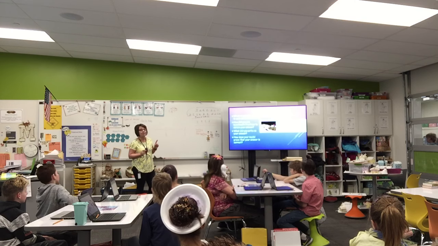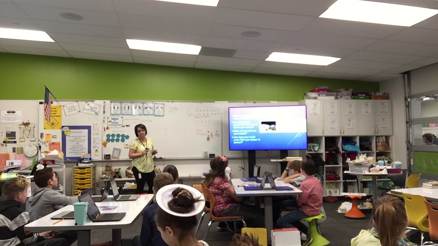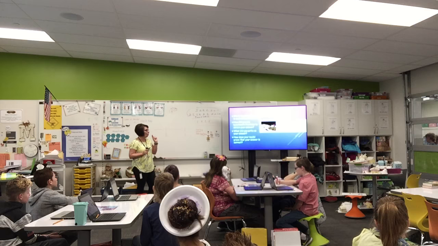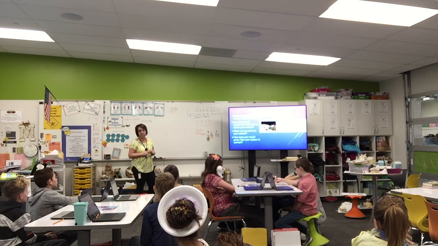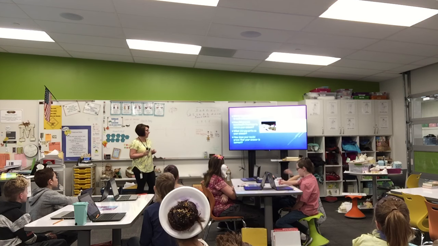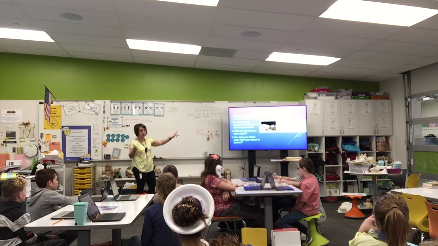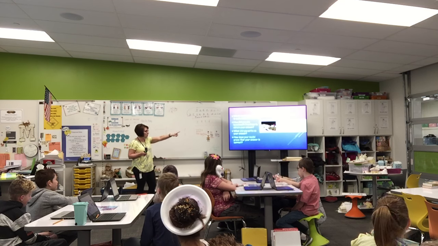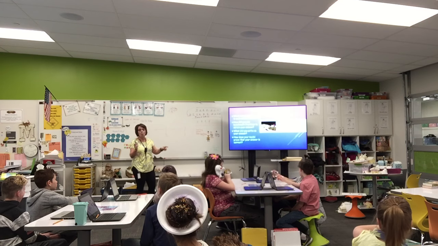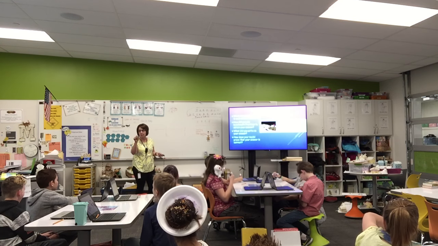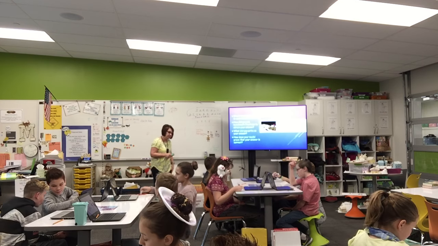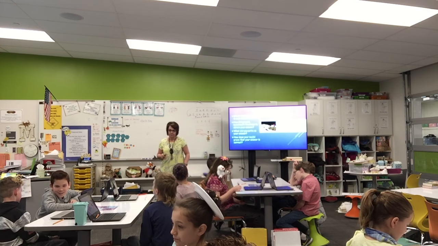Donald ate 5/6 of a pizza, and Daisy ate 1/2 of a pizza. All I want right now, and I'll read the rest of it in a minute, is for you to talk with your partners and tell me, for each of those fractions, 5/6 and 1/2, what benchmark they are closest to. Talk.